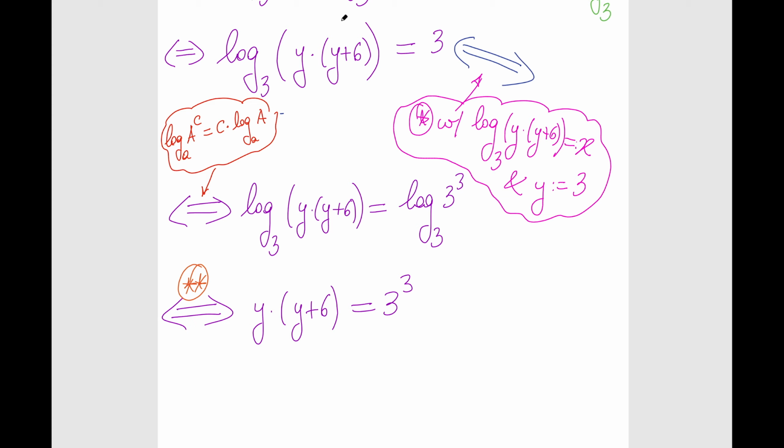Correct? So this becomes x equals y, and by asterisk this means a to the power log base a of 3 is equal to a to the power 3.